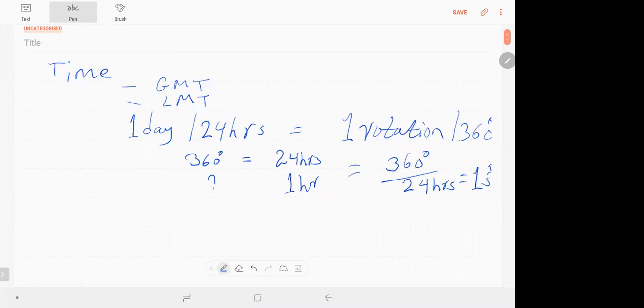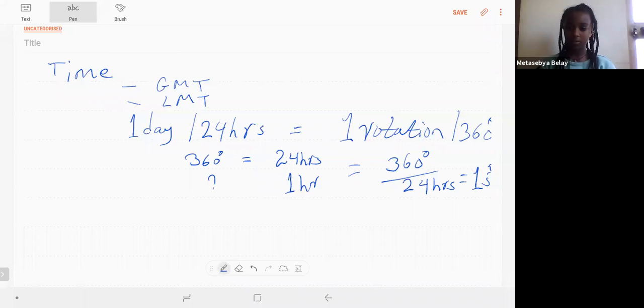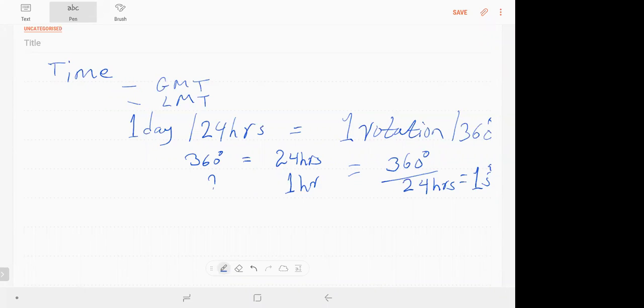Each 15 degrees needs an hour to be covered in rotation. 15 degrees of the Earth needs an hour to pass on the face of the Sun during rotation. Therefore, 1 hour is for how much?